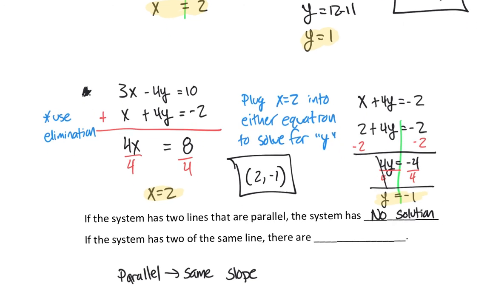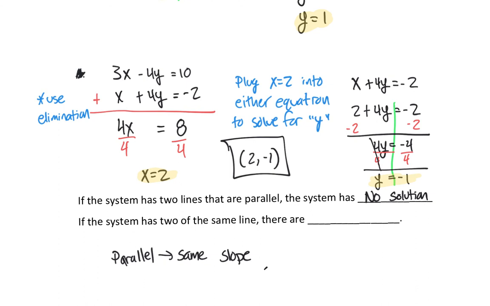And the reason for that, what you'll find out when you try and solve that, you have two lines that are going like this. They actually never cross one another. And so therefore, their lines are never going to cross, and there's no point of intersection, so there's no solution. So if they have the same slope, we say that the system has parallel lines, and there's no solution. And lastly, if the system has two of the same lines, so if you have the same line on top, same line on bottom, we say that there are what we call infinite solutions.